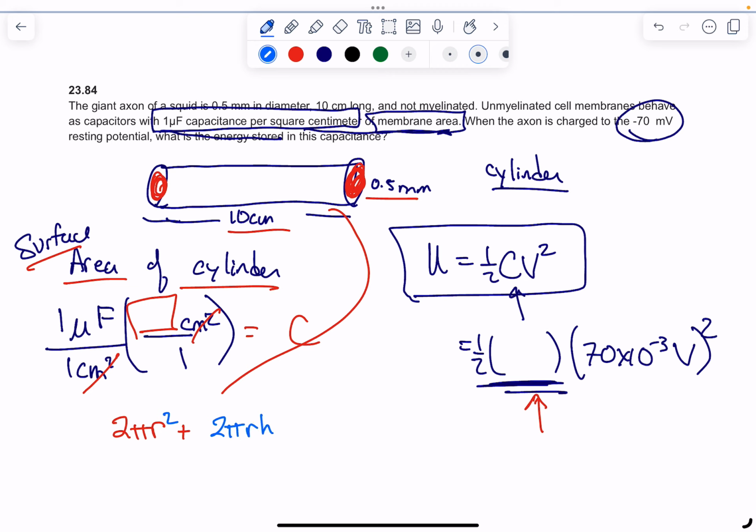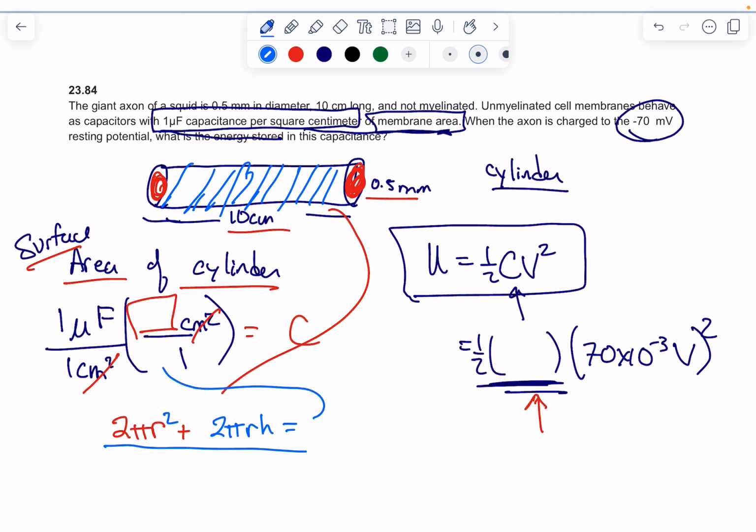So 2 pi rh is going to be the surface area of this portion, if you were to cut the cylinder open. So we have to find out what this is, and that number is going to go in here.